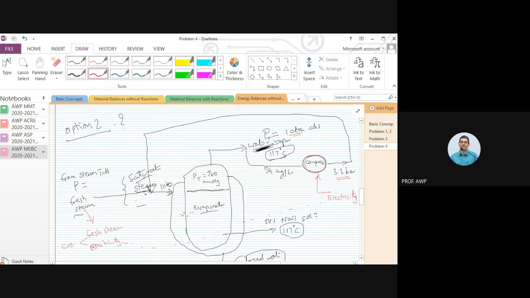So if you just see, I require 111 kg per hour. I have got 94 kg from here, which I will compress to 3.3 bar. So the fresh steam that I require is only about 17 kg per hour. But I require extra electricity, so the cost of that also I have to consider. Do you agree with that?